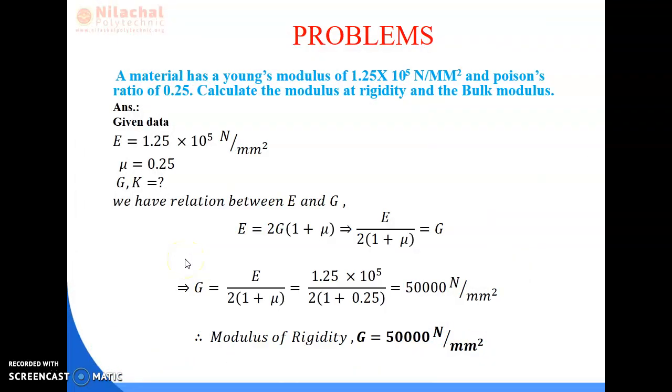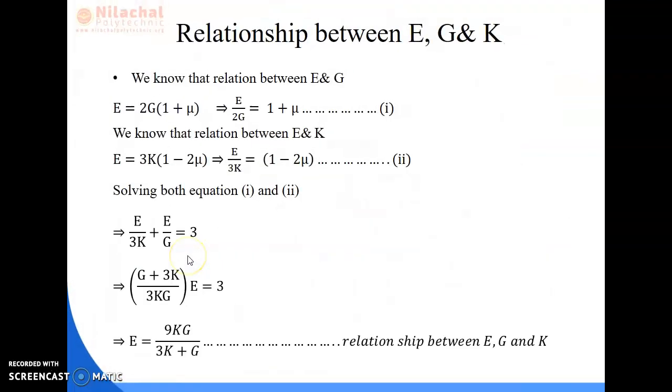Now taking the LCM 3KG, we get G plus 3K by 3KG into E is equal to 3.